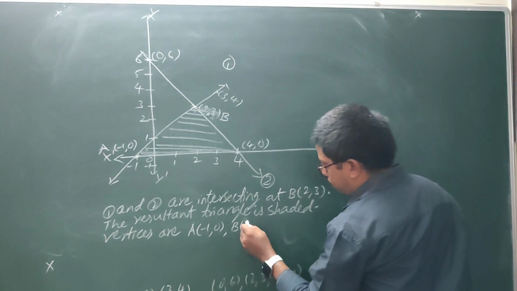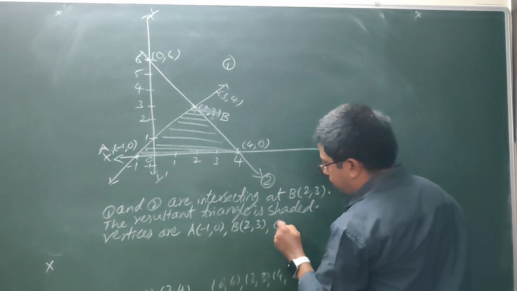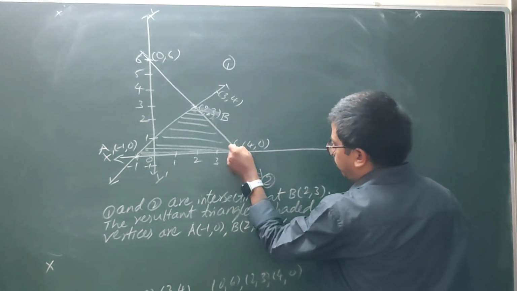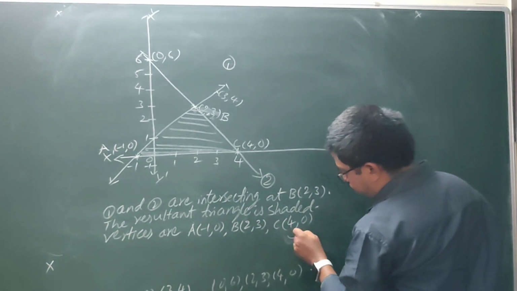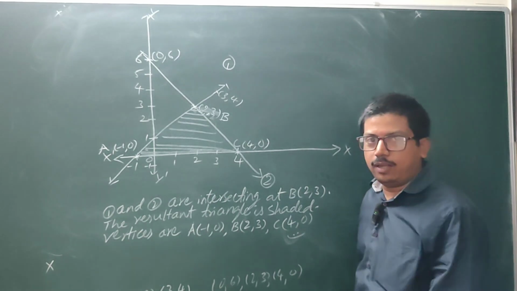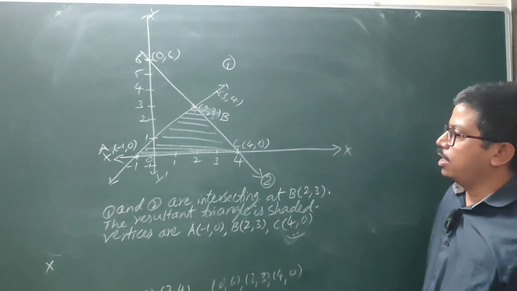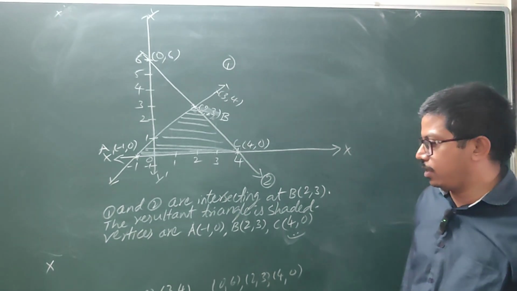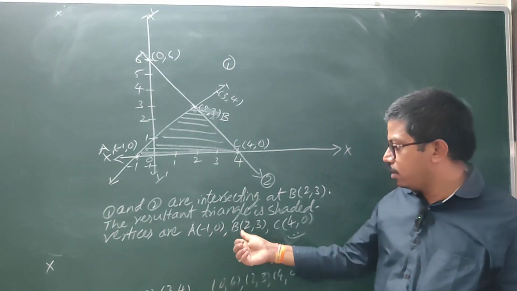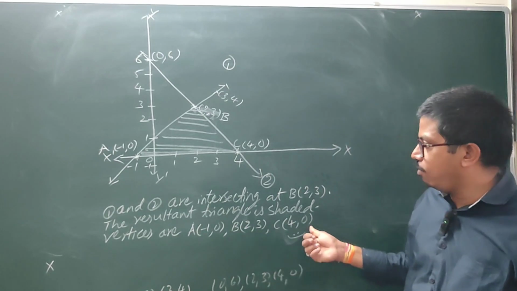B, 2, 3 and C. Let me name this as C, 4, 0. So this is the required shape of the triangle ABC, and with vertices A minus 1, 0, B 2, 3, C 4, 0.